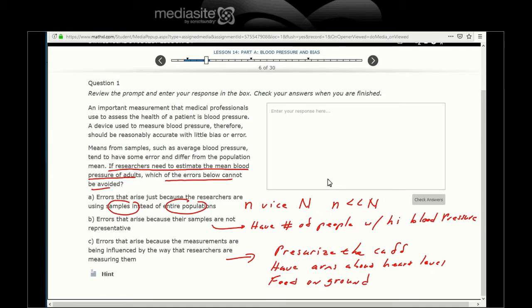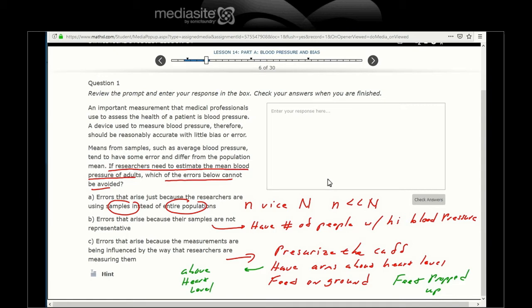So if a researcher has everybody keep their feet propped up, that may influence the blood pressure. If you have your arms above heart level, that's going to influence the blood pressure.